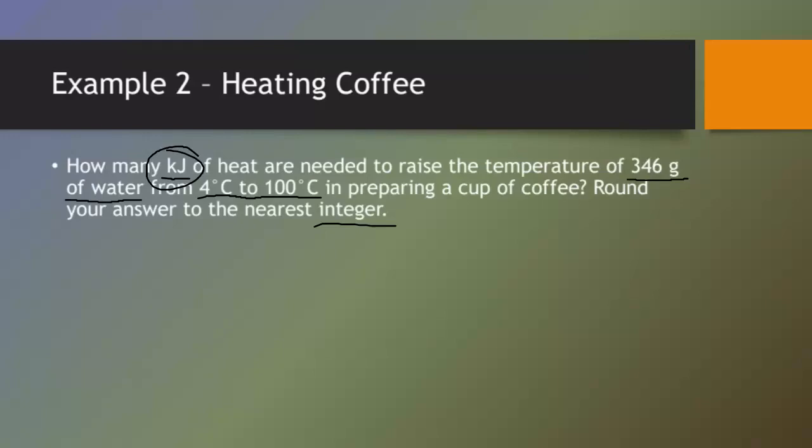So we're going to use our quantity of heat equation, and that's the mass times C times the change in temperature. The change in temperature is the final temperature minus the initial temperature. But you can see that it's going from 4 to 100 degrees, so this would be 96 degrees Celsius.